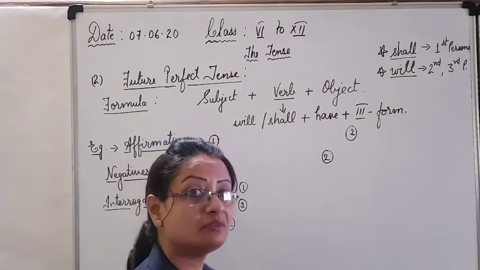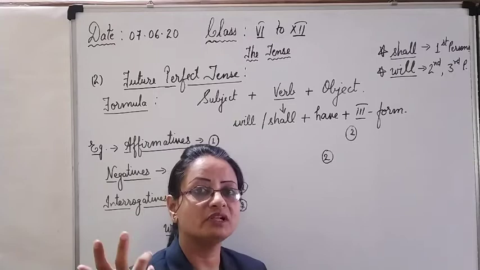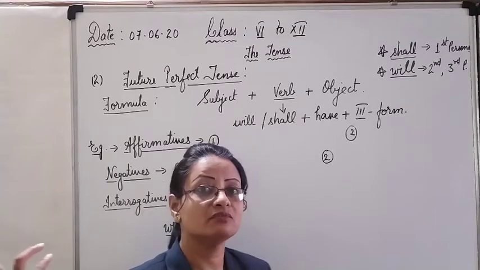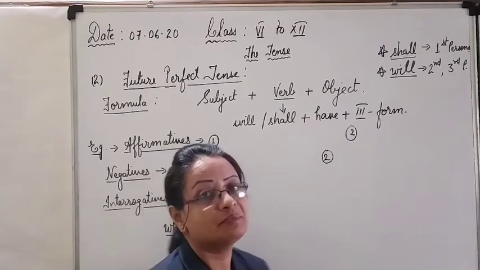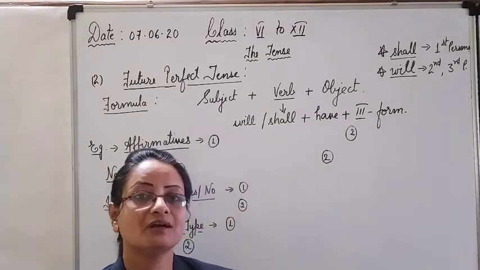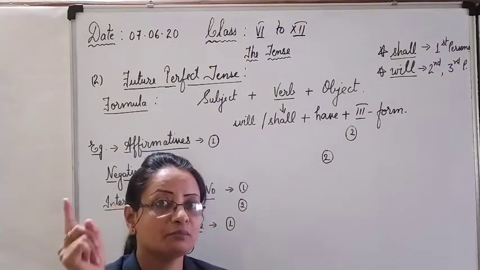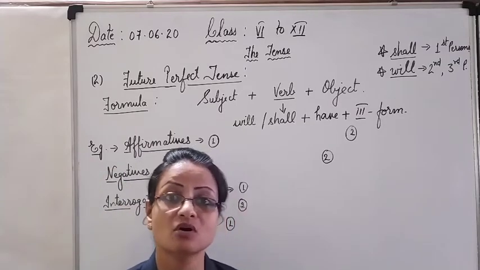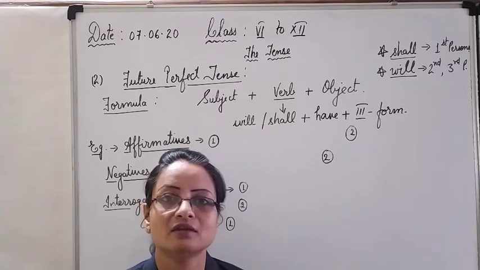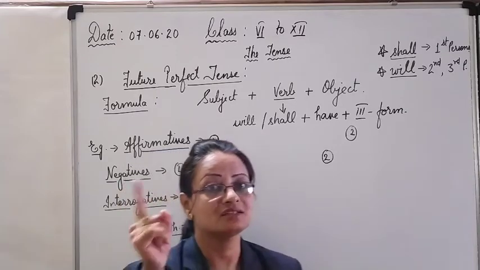Now see the formula of this future perfect. You are already aware of will and shall. Without will and shall, a future tense cannot be formed. So will and shall plus, in the perfect tense, you have to take have. Children, if you remember, in the present perfect I told you two helping verbs, has or have. And in the past we had only one, that is had.